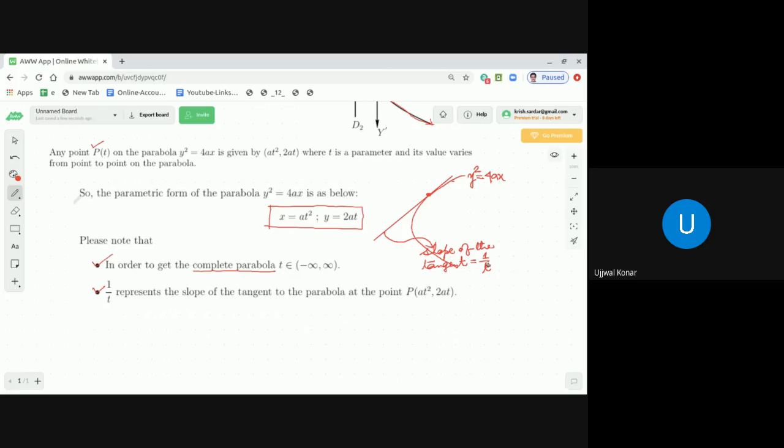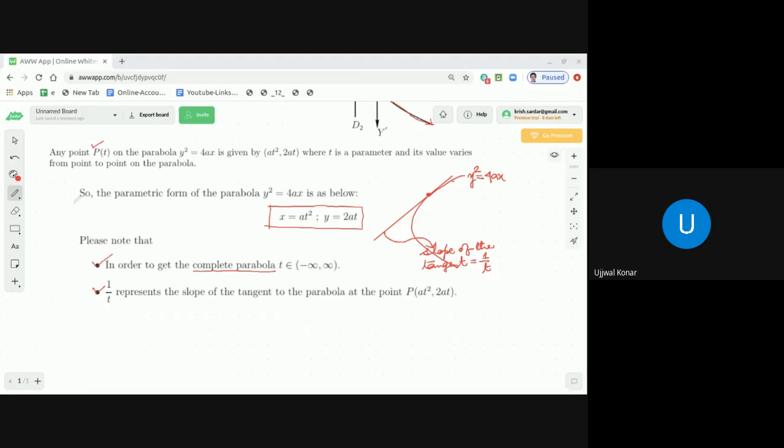So that information is very meaningful. Whenever you get a parametric point at square, 2at on a parabola, its slope at that point P is 1 by t. Okay, so this is all about the parametric form of a parabola.